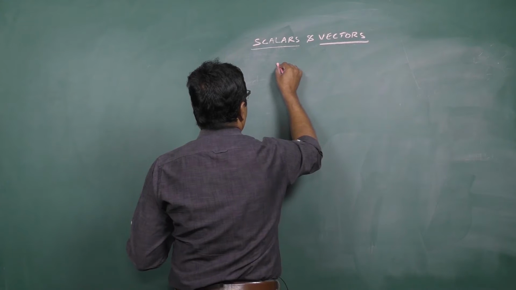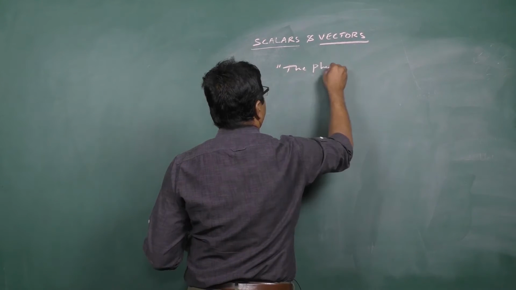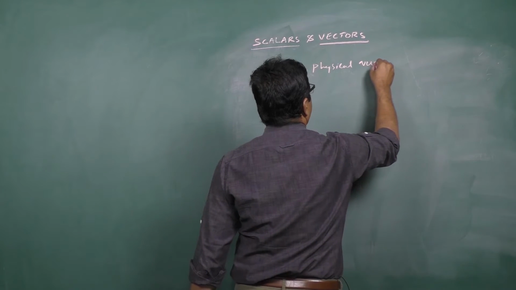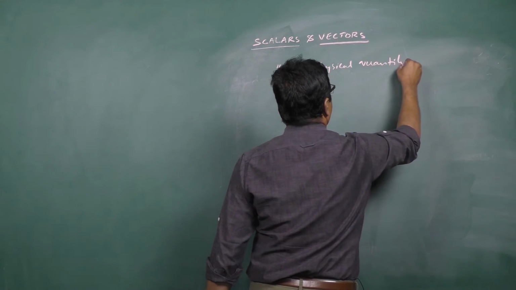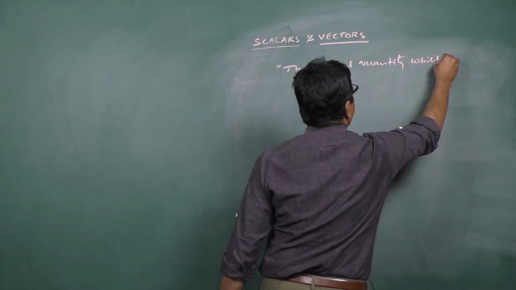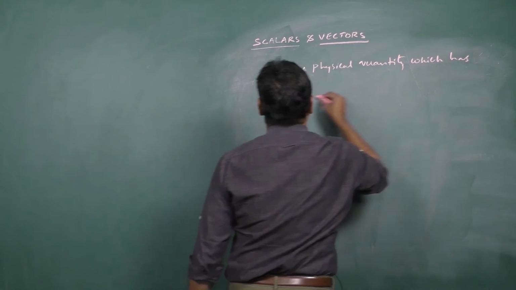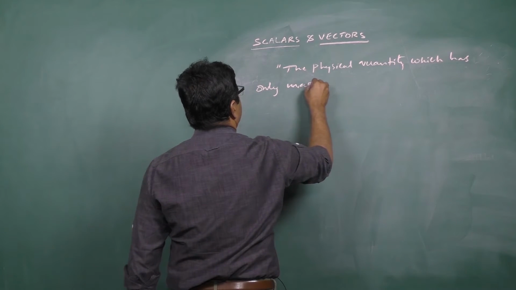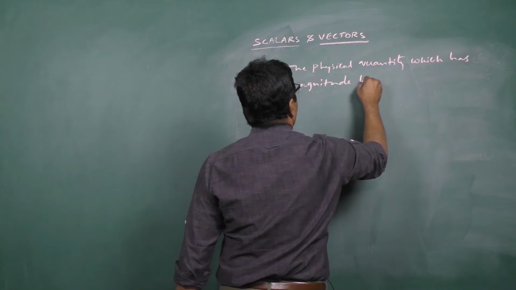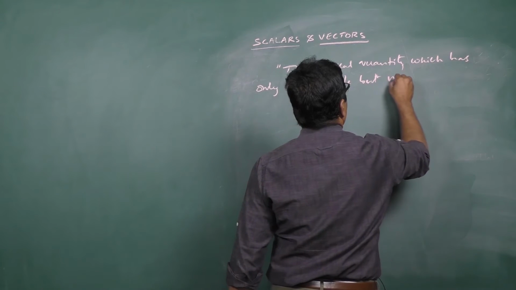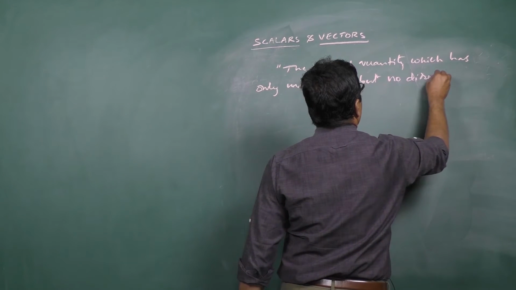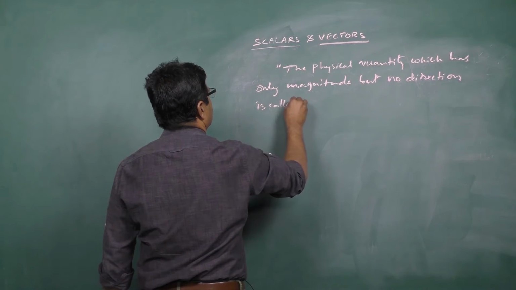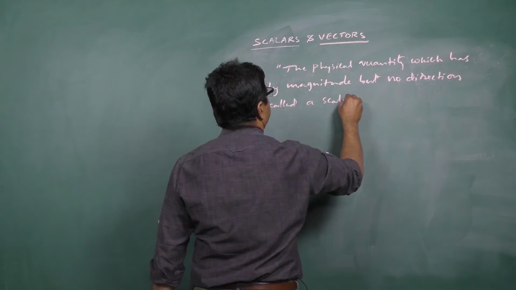Scalar is nothing but the physical quantity which has only magnitude, but no direction, is called a scalar.